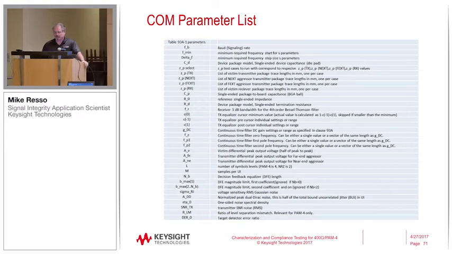The bit rate, required frequency, start and stop, step, device package model, transmitter, receiver, NEXT, FEXT, single-ended, differential, a lot of CTLE going on. So these are all very complex things, but because it's a standardized configuration spreadsheet, it's easy to use. You can get started very quickly and learn as you go.